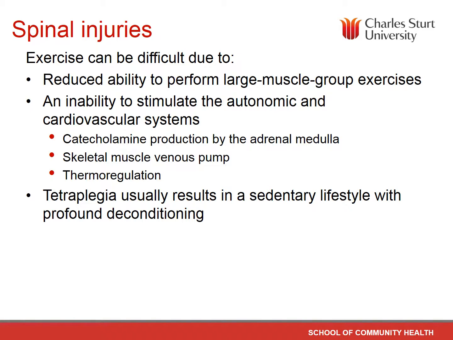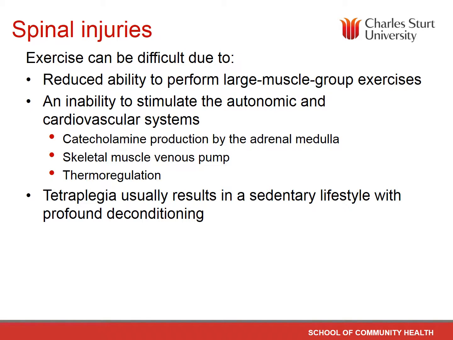So if you've got a higher level spinal cord injury, the only way we can increase heart rate is through catecholamine production through the adrenal medulla, and the adrenaline and noradrenaline will go into the blood, bind to the sinoatrial node, and increase heart rate. Now, this takes minutes instead of milliseconds to occur.